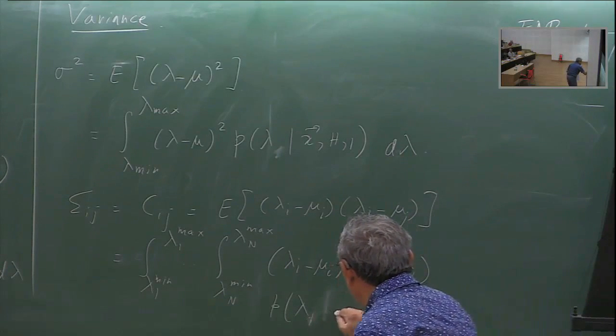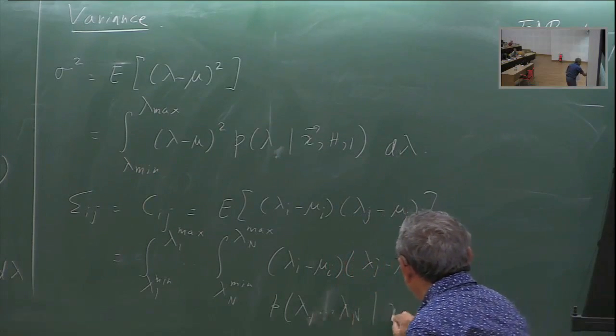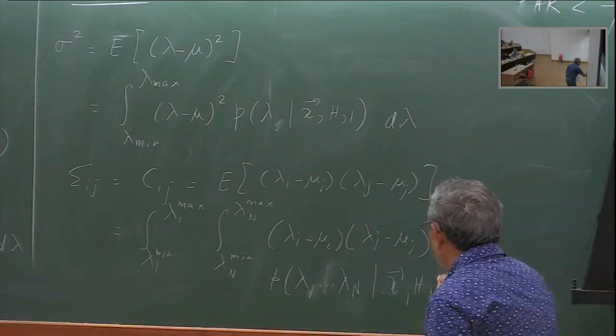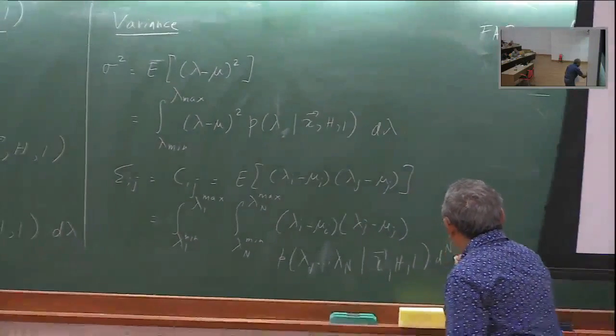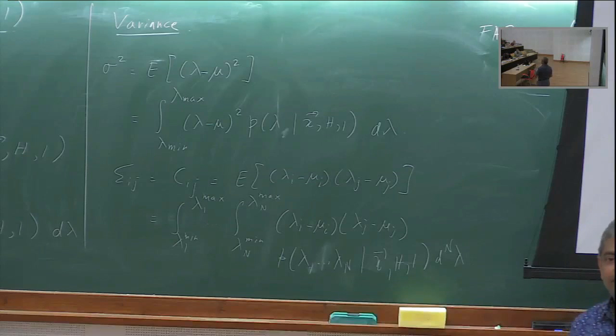That's the posterior probability of the whole thing, lambda n, given x, h, and I, and d^n lambda. So you can calculate the whole covariance matrix as well, and we do that as well.